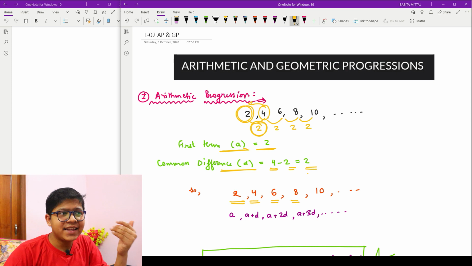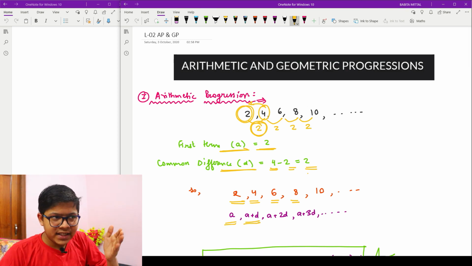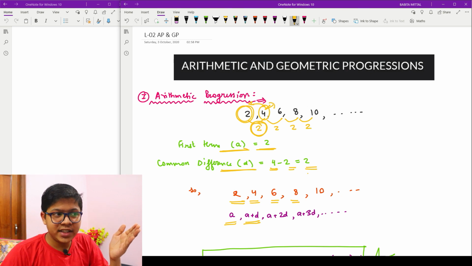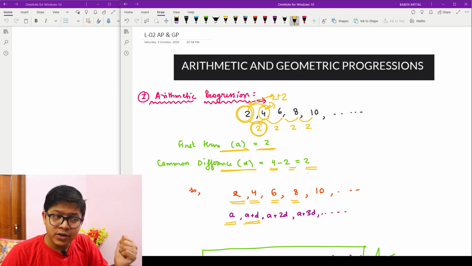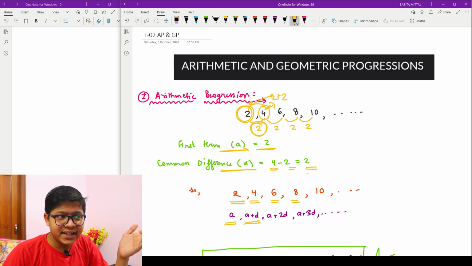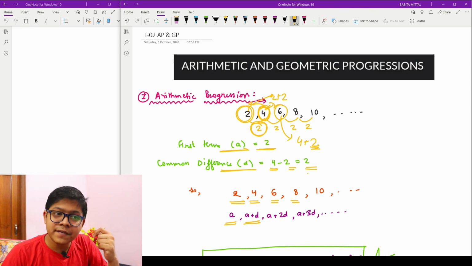So I can clearly say that if I have the series 2, 4, 6, 8 and so on, then I can write that series using a plus d, because my 4 was nothing but 2 plus 2, where one 2 is the first term and the other 2 is the common difference. Very fine, it is nothing but 4. Now for my series, the next is 6. How is the 6 obtained? 6 is obtained by 4 plus 2. 4 is the last term and 2 is the common difference.